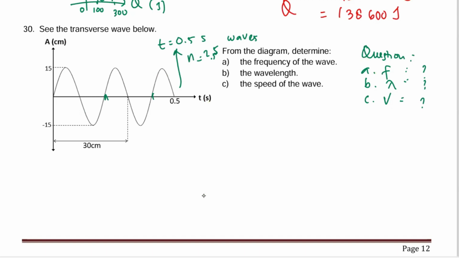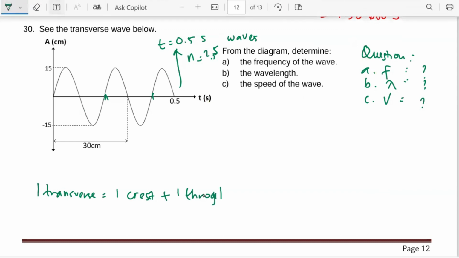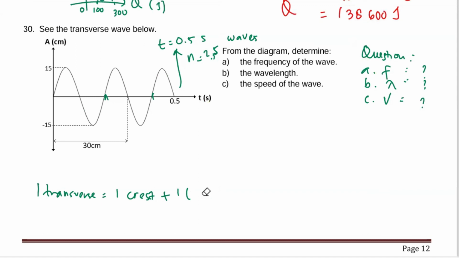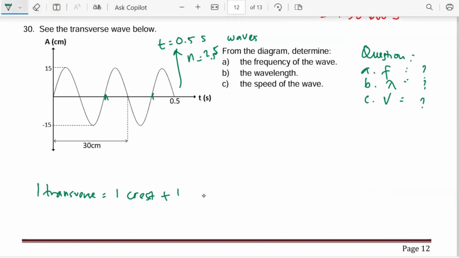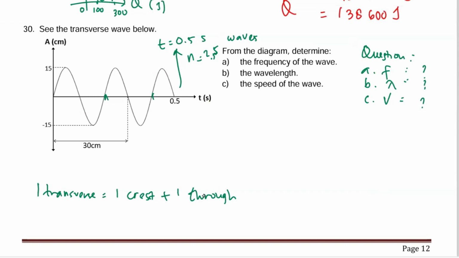Because one transverse wave is actually one crest and one trough. Okay, so now for the 30 centimeter, S is 30 centimeter, and we know the number of waves is one and a half, so 1.5 waves.